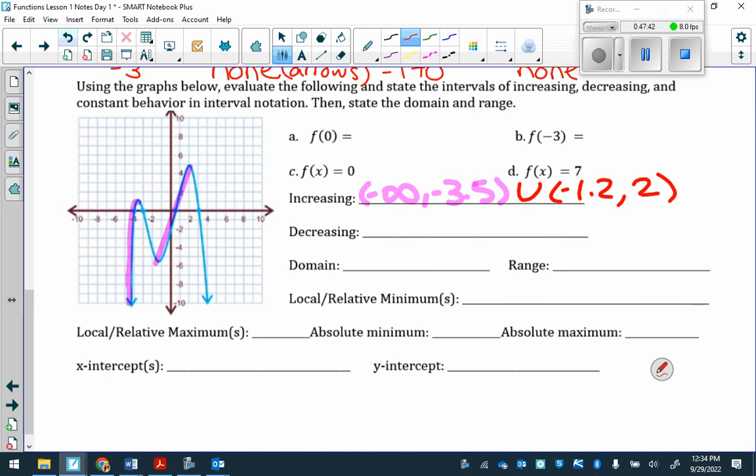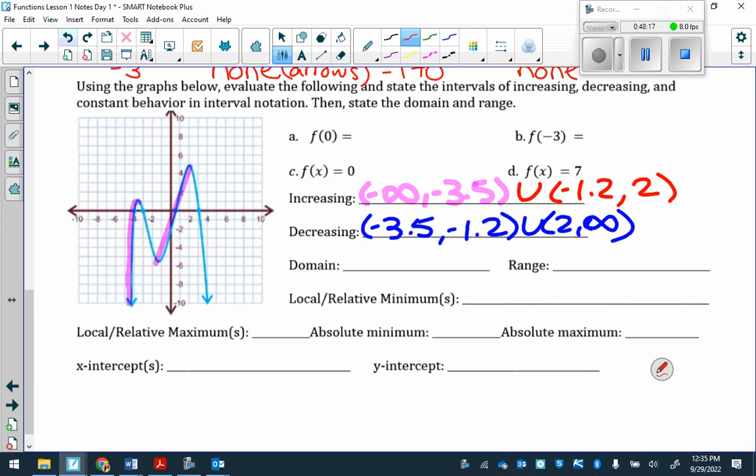So from decreasing, on ours here, we have -3.5. I'm going to use what I have on the board to -1.2. So we have to make sure it matches what I have above. Okay. Then we have 2 to infinity. Okay. So keep that in mind. So again, good. We'll just change that. 3.5, and these two matched here, but again, you want to be pretty precise.